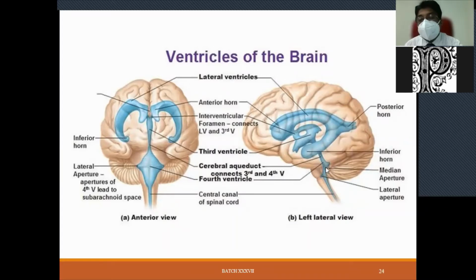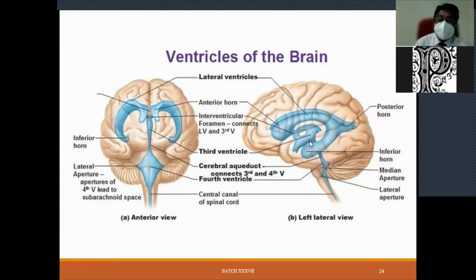So the third ventricle and the fourth ventricle are also connected, and those names are given. So this is the anterior horn, and this is the interventricular foramen, which connects the lateral ventricles and the third ventricle.